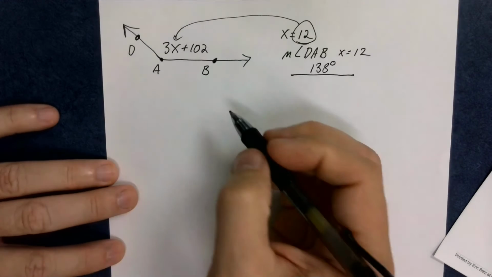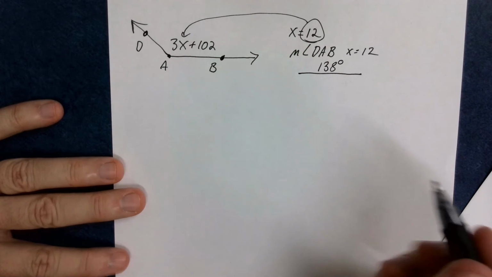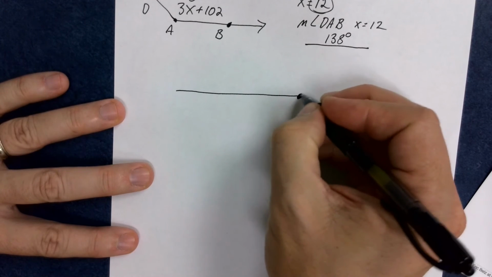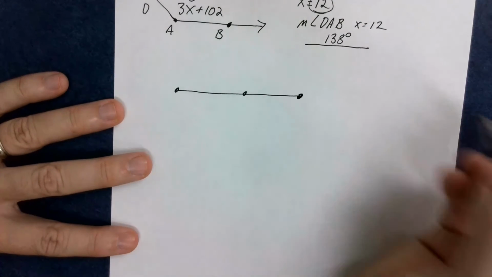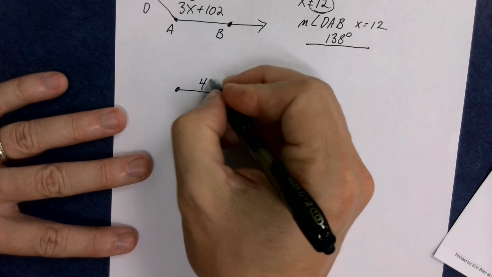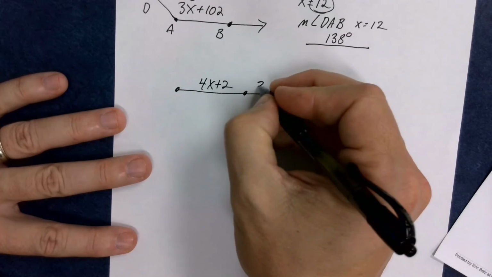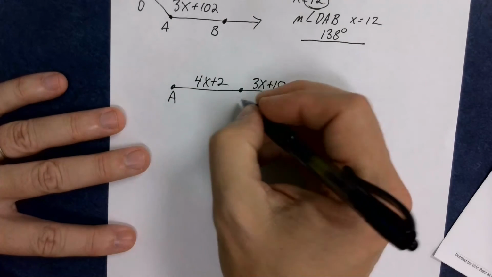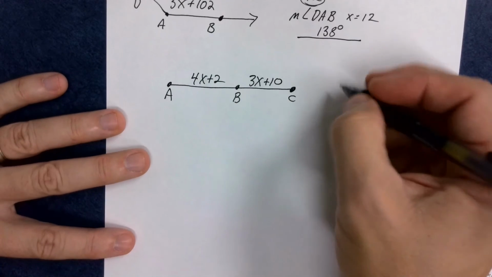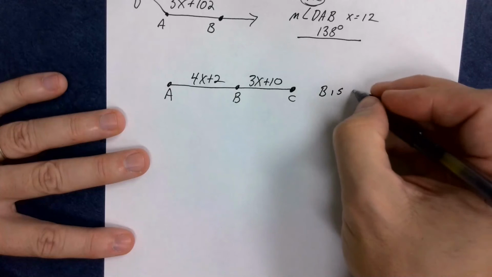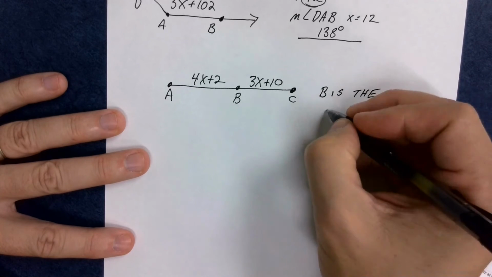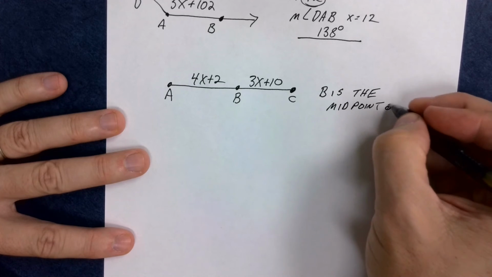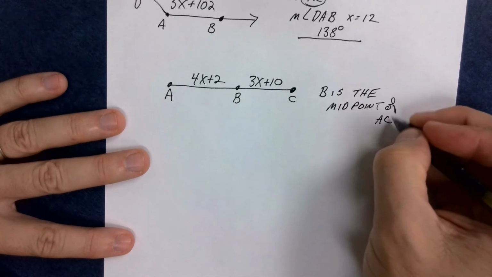Now, the other day, right at the end of class yesterday, we worked on something like this, where I had a point here and a point here and a point here, and this was 4x plus 2, and this was 3x plus 10, and I said, this is point A, this is point B, and this is point C. I said that B is the midpoint of segment AC.